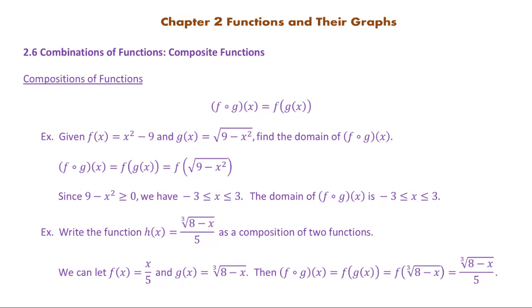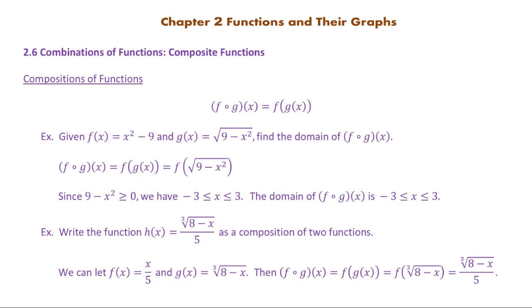Then if you compose f and g, you get f circle g equals f of g of x, which is f of cube root of 8 minus x, because g is cube root of 8 minus x. So what you do, you just replace x by cube root of 8 minus x in f. So that becomes cube root of 8 minus x over 5, because f is x over 5.